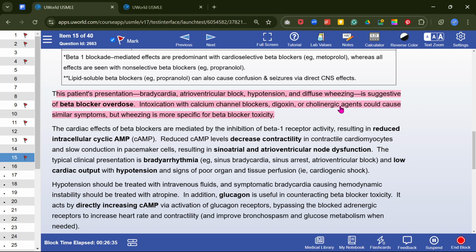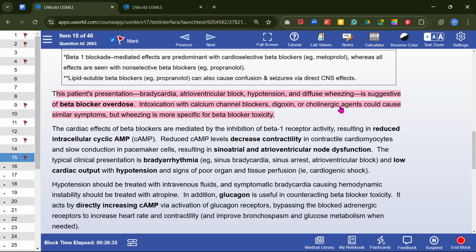The typical clinical presentation is bradyarrhythmia, sinus bradycardia, AV block, and low cardiac output with hypotension and signs of poor organ and tissue perfusion, cardiogenic shock.